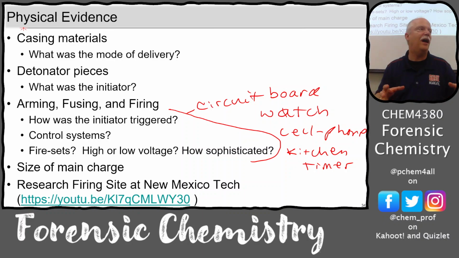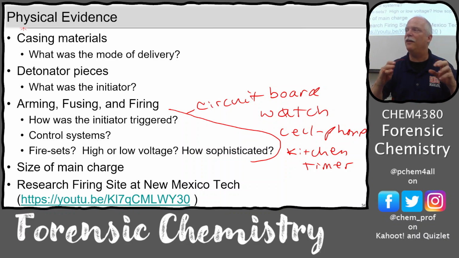And you're going to look around at the source of the detonation and try to find the evidence that's left behind. Go ahead and watch this video on your own time, this research firing site at New Mexico Tech. If this part of the course really excites you, maybe that's a great place for graduate work. They have a firing site. They do a lot of work for the FBI, Department of Energy, Department of Defense, where they actually blow things up.